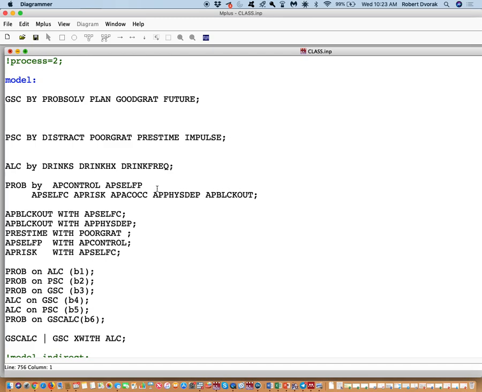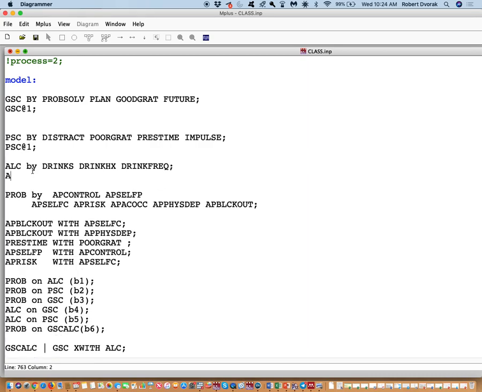Let's set our scale to z by saying GSC at 1 and PSC at 1 and ALK at 1. And we're not going to change the scale of problems.